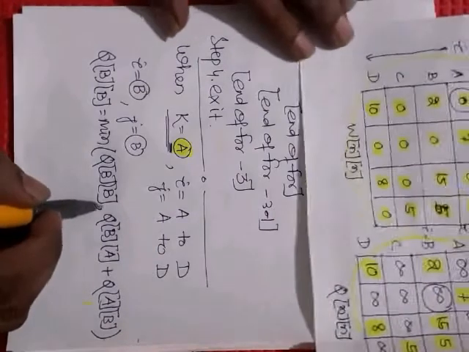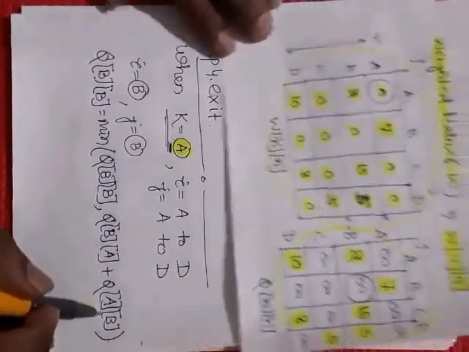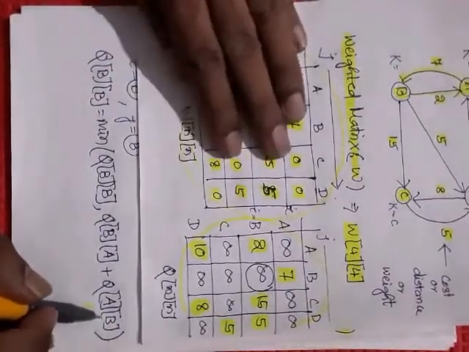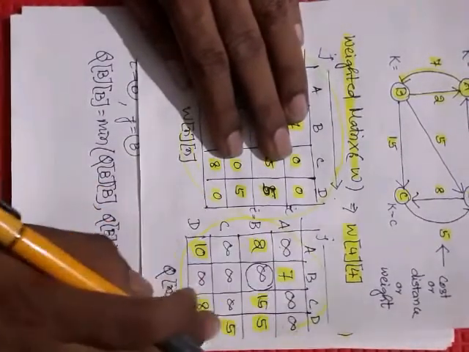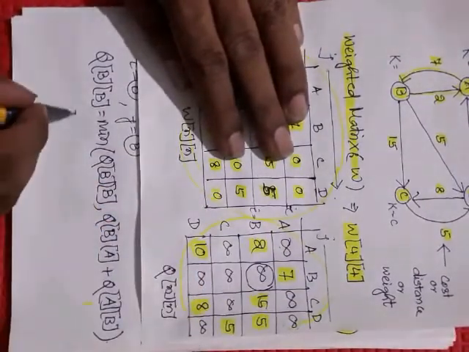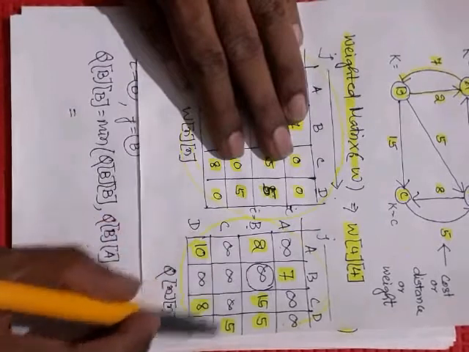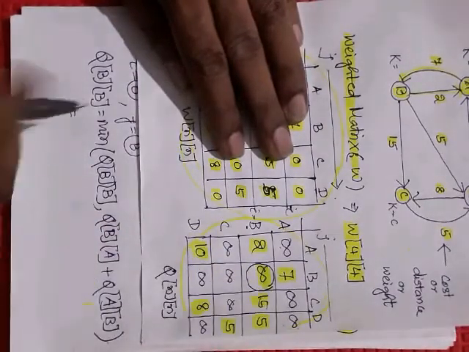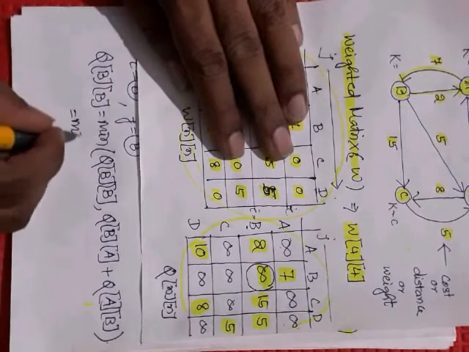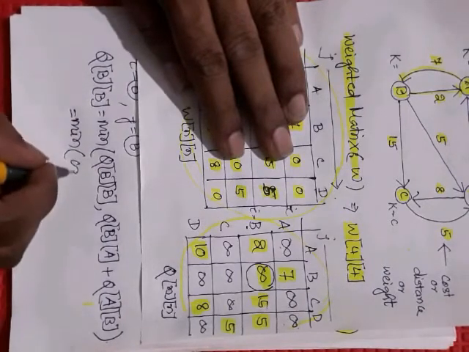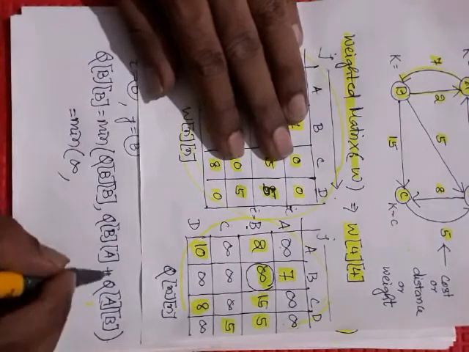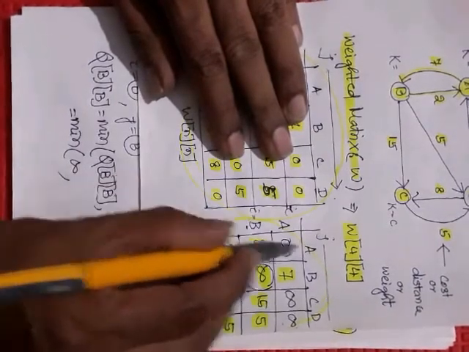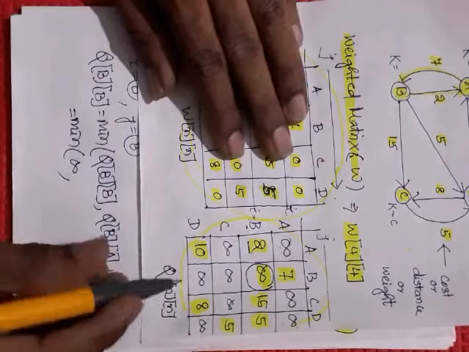After writing it, let us verify with the matrix. This is the initial matrix. What does Q of bb represent? Bb represents the value infinity. So when it contains infinity, we take min of Q of bb, which is infinity, comma, Q of ba. What does Q of ba contain? B to a contains the value 2.